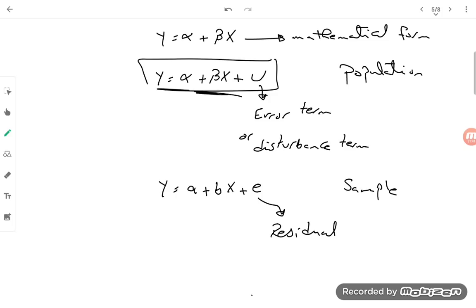So Y will be estimated, or in other words, we find the fitted straight line based on sample data. After estimation of the model, we can write it as y hat. Y hat means the estimated value, and equals a hat plus b hat x.